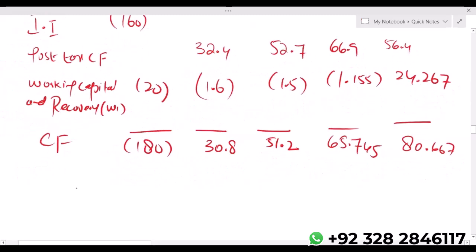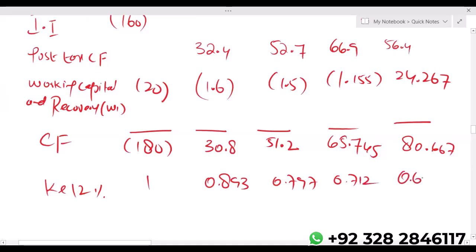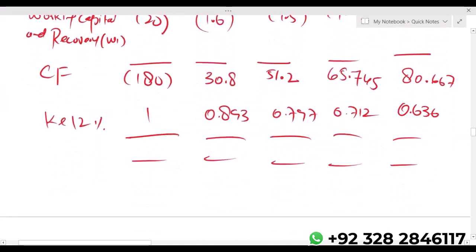KE, they have given us 12%, if I'm not wrong. So discount factors are 0.893, 0.797, 0.712, 0.636. Present values: 180. 30.8 into 0.893 gives us 27.5. 51.2 into 0.797 gives us 40.8.